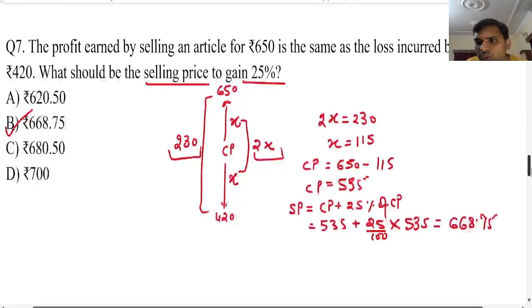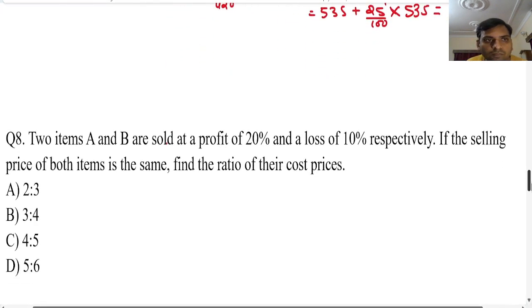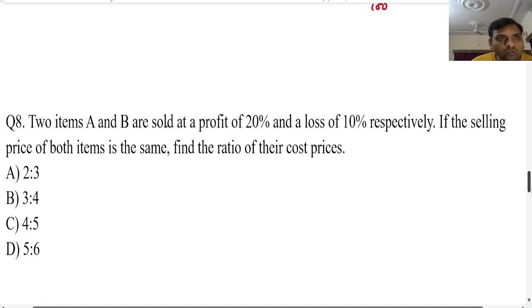Now the next question, question number 8. Two items A and B are sold at a profit of 20% and a loss of 10% respectively. If the selling price of both items is the same, find the ratio of their cost prices.